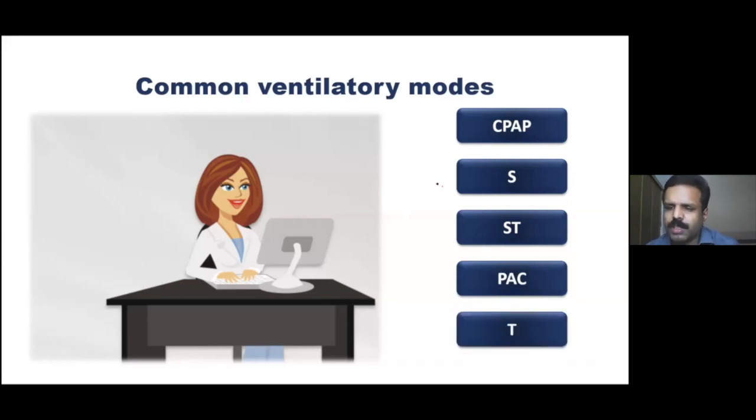So these are the usual modes. AVAPS and all we won't take for discussion now. We will discuss those points later. So we have a CPAP mode, a spontaneous mode, an ST mode, PAC, the pressure assist control mode, and timed mode, which we will describe one by one.